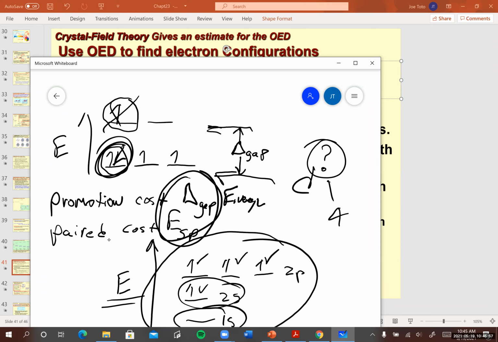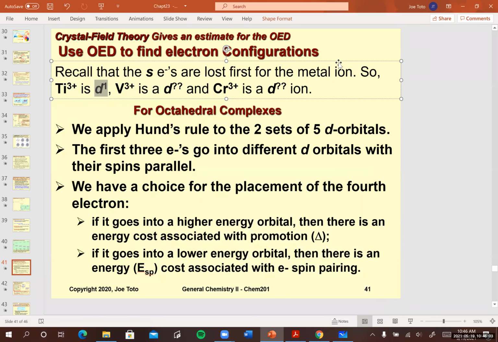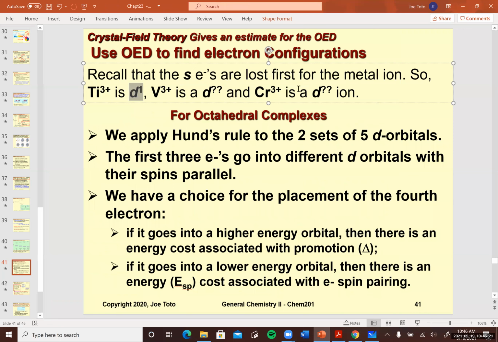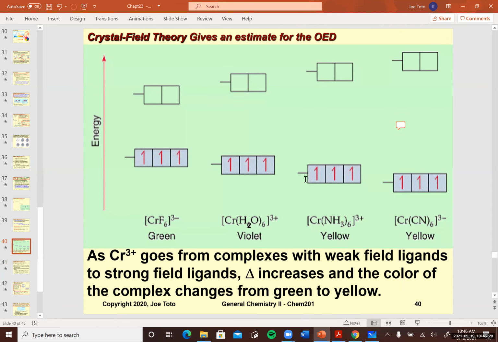Okay? And so that's how we can use the crystal field theory to get an orbital energy diagram and then rationalize why, in some cases, we would more tend to promote versus pair because the ligands are either high or low field ligands, like we mentioned back here.